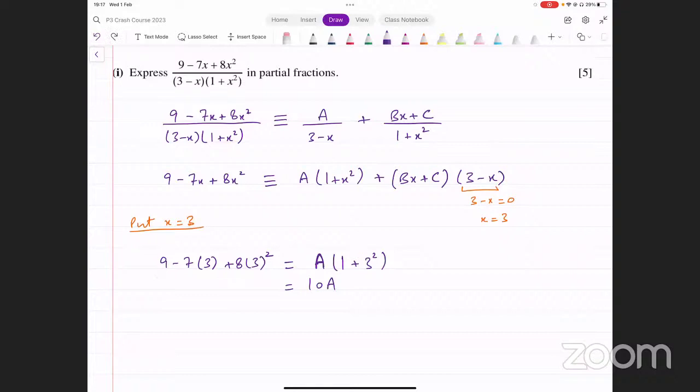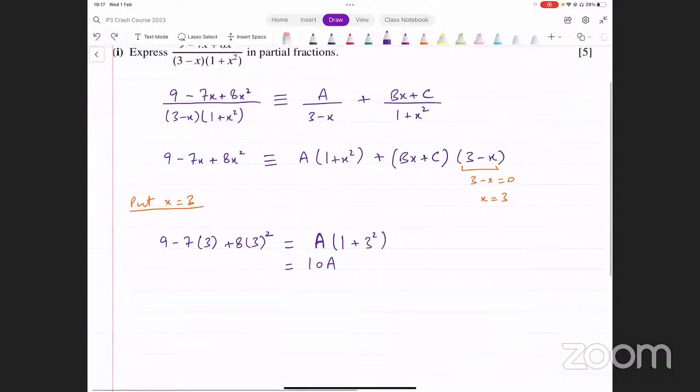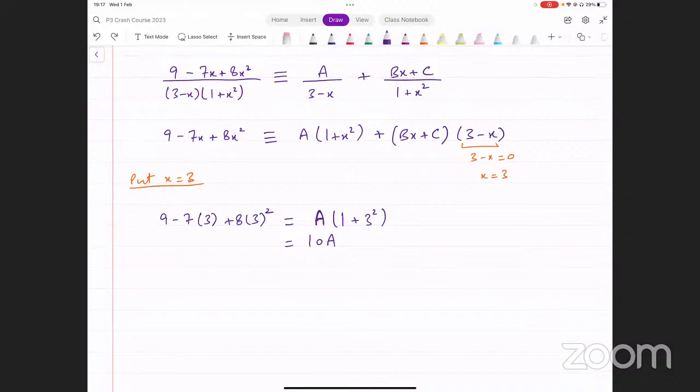What do we get from this? What do we get on the left side? Anyone?